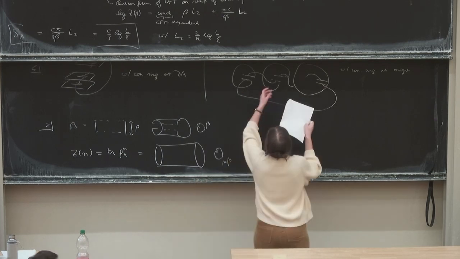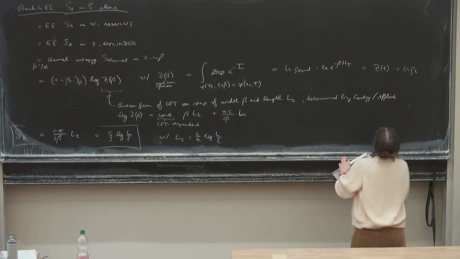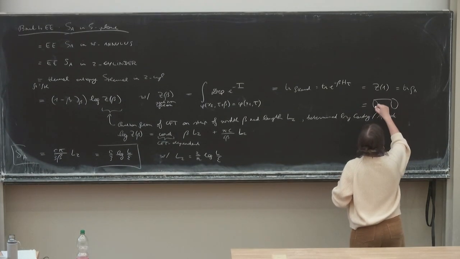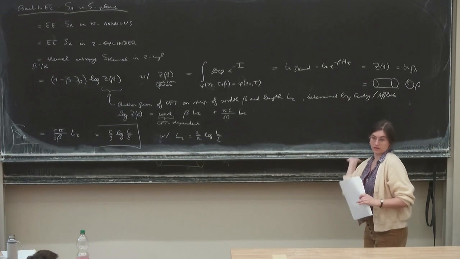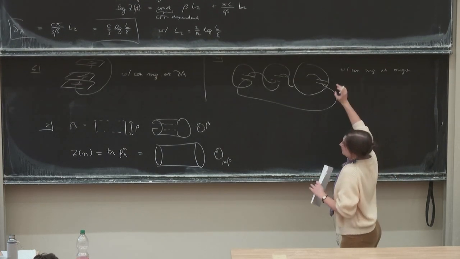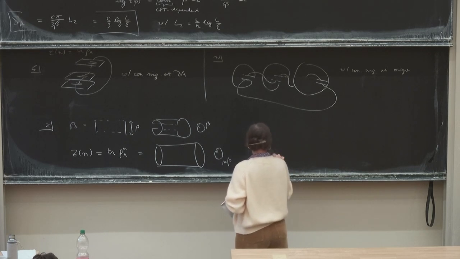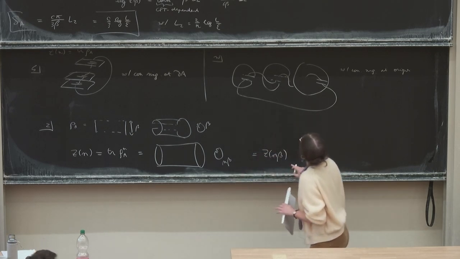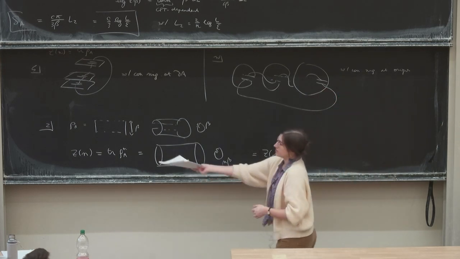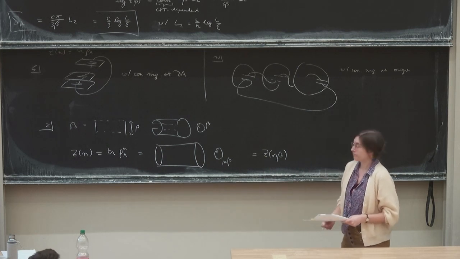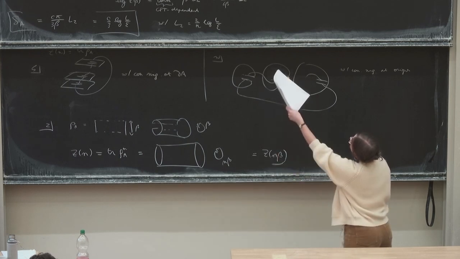If Z of 1 upstairs is just the cylinder with circumference beta, then Z of n I can write as Z of n beta also, okay? It's just the same notation as writing Z of beta as Z1 or Z of n beta as Zn. Here I explicitly write the periodicity, okay? Like there.